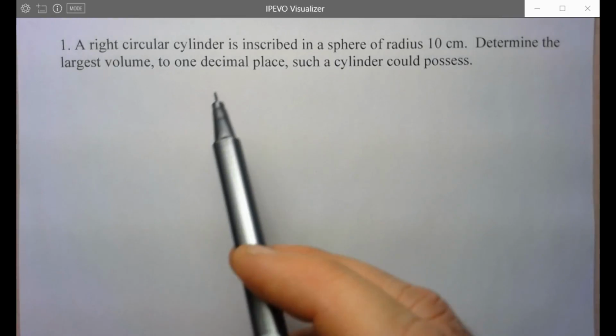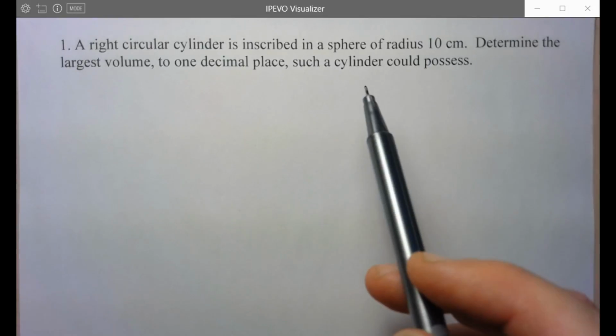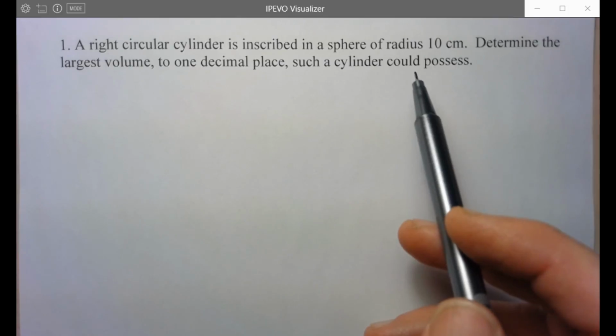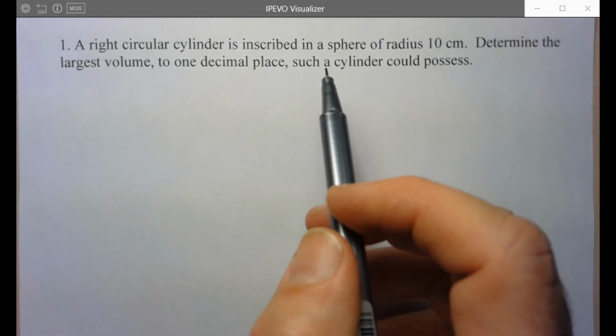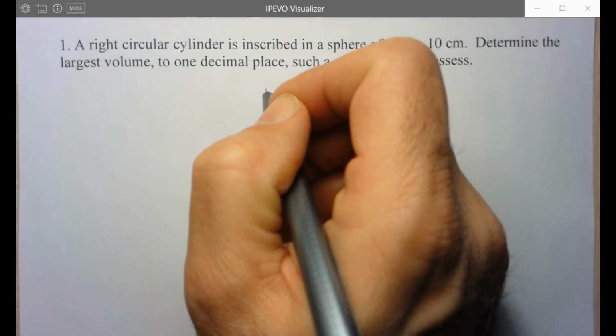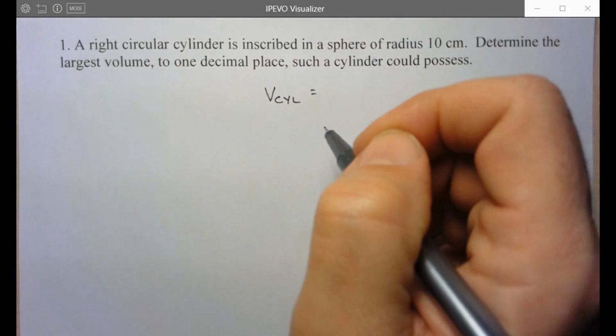It says a right circular cylinder is inscribed in a sphere of radius 10, and they want us to determine the largest volume such a cylinder could possess. So right off the bat, I see that I'm working with a cylinder, and I'm looking for the largest possible volume. All right, so I have a formula for that. We have the volume of a cylinder, which is just given by the area of the base times the height.